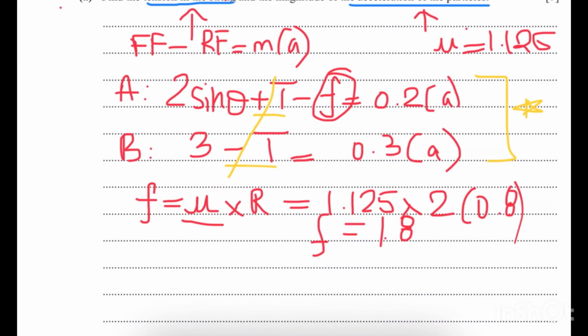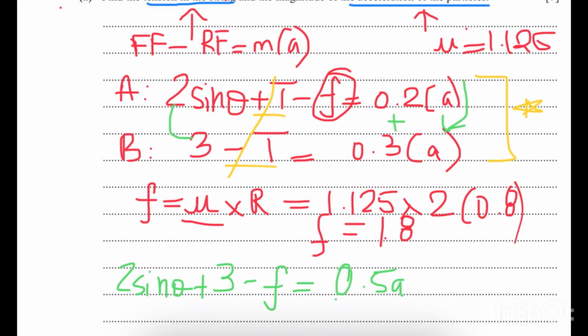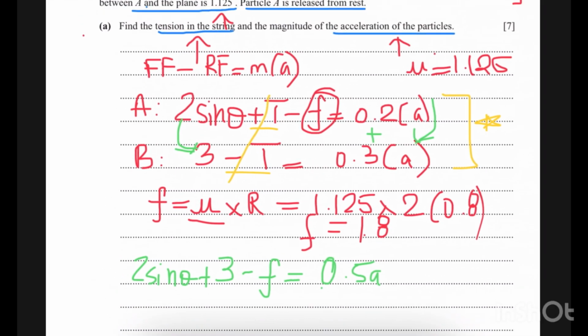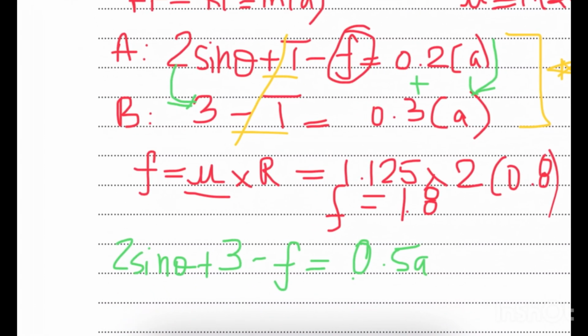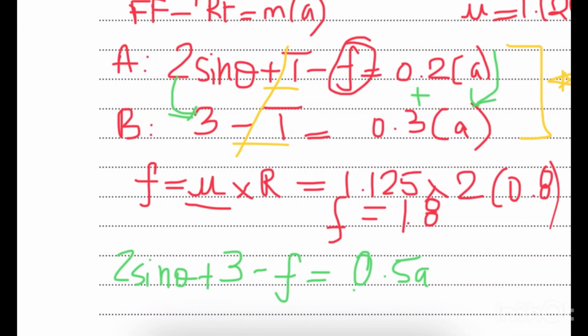So that means that when we solve the simultaneous equation, this will become 2 sine theta plus 3 minus the friction is equal to 0.5a, because we are adding these two values and these two values, as well as minus the friction. So 2 sine theta is given to us as 0.6.